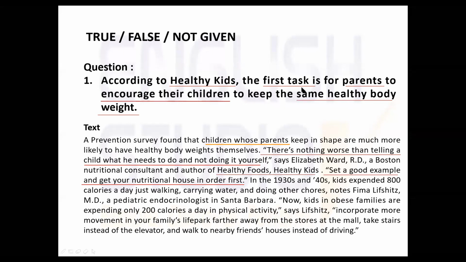Because encouraging your children, or telling your child what to do, is mentioned there as the worst thing to do. Okay, so the answer should be false because statement number one contradicts or says something different from the text here. Any question?